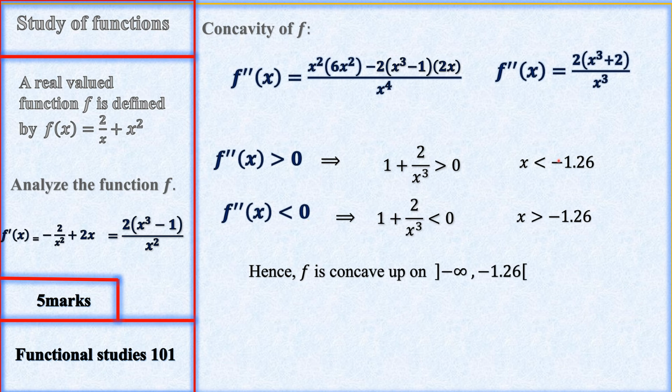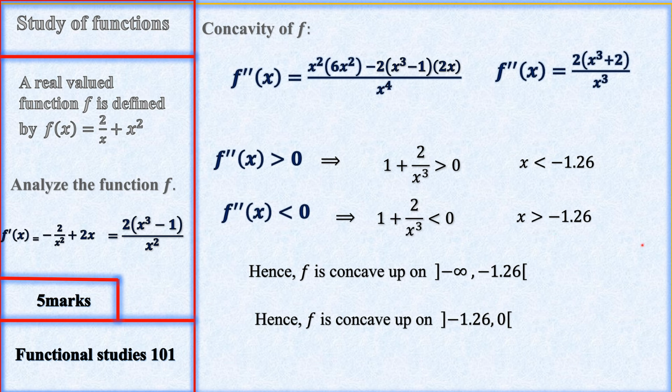So from here, we can say that when f double prime of x is positive, the function is concave upward. So any value that is less than negative 1.26, that's from negative infinity to that value, to the left of it, the function will be concave upward in that interval. Then f will be concave downward for any value greater than negative 1.26.